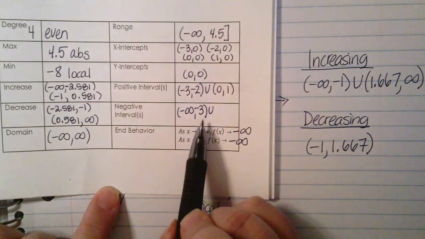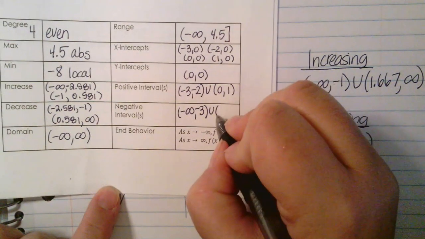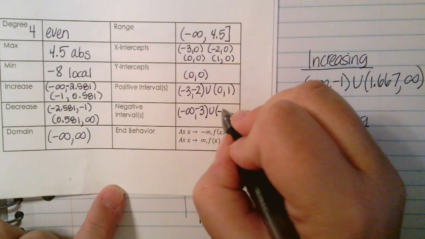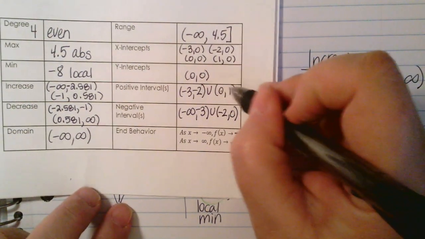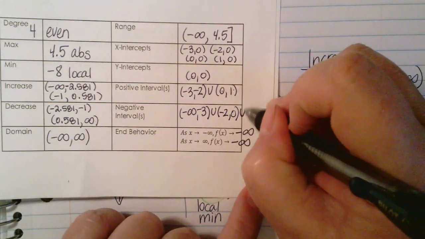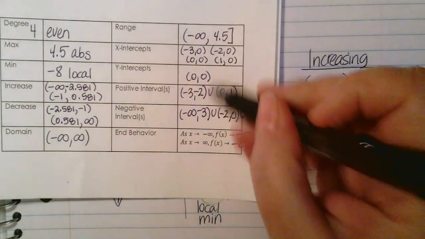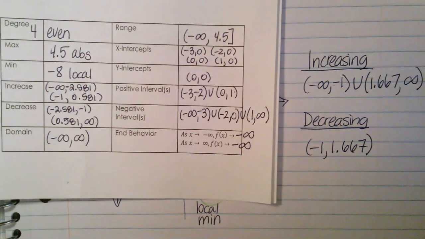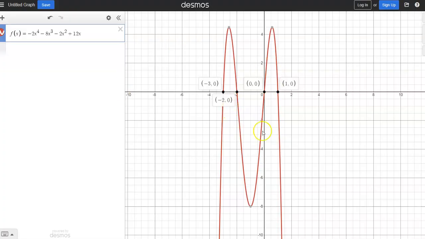And then it's positive from -3 to -2. So the next interval for negative would be from -2 to 0. It must be negative. And then from 0 to 1 it's positive. And then from 1 to infinity, it's negative. And I'm not just guessing that from the numbers. I did want you to see the connection there, but I'm also looking at the graph, and that's what I got when I saw the graph.